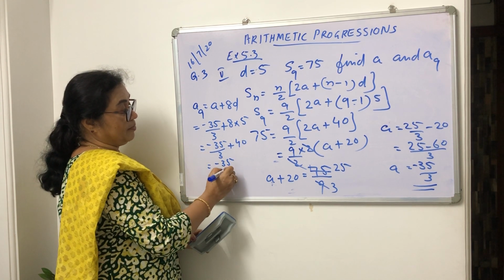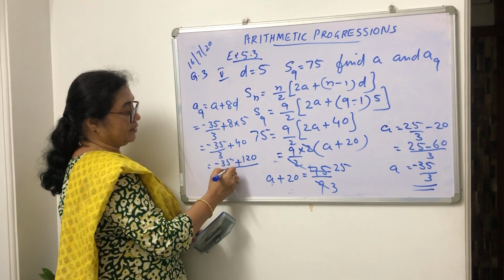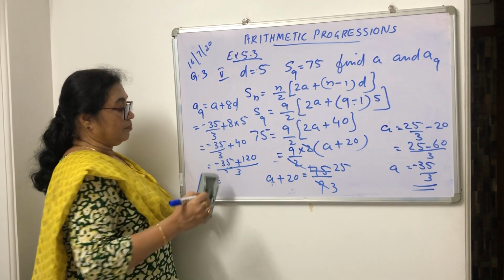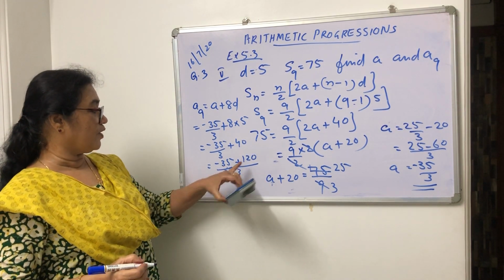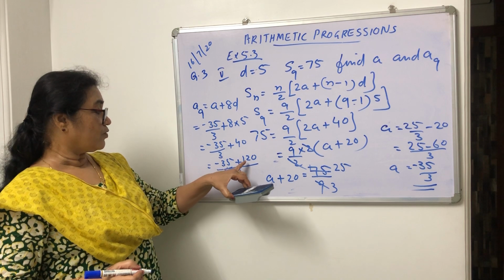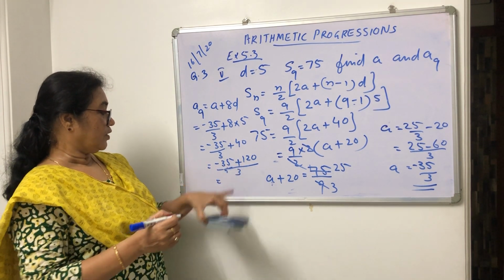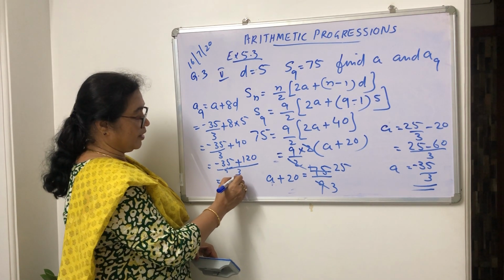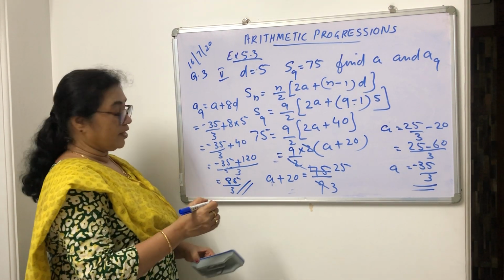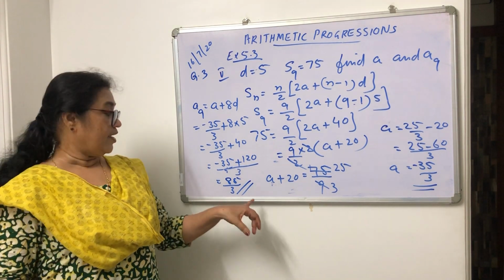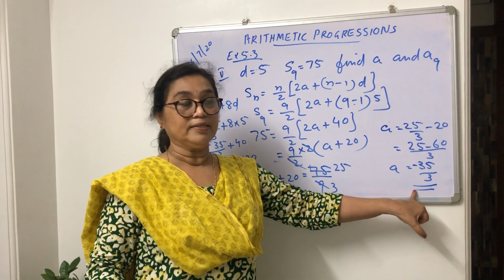Minus 35 plus 120 by 3. So 120 minus 35 is 85 by 3. Therefore, a9 is 85 by 3 and a is minus 35 by 3.